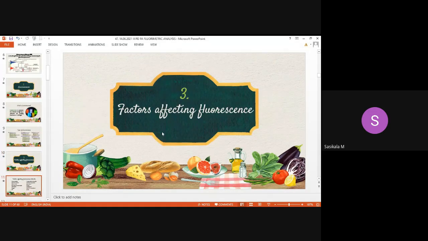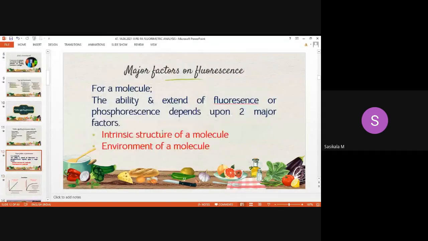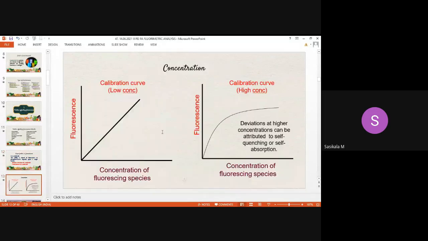And what are the factors affecting fluorescence. In that we have seen the overview of all the factors and now discussed the concentration factor. Let's discuss the remaining part of fluorimetric analysis in the next class. Thank you all.